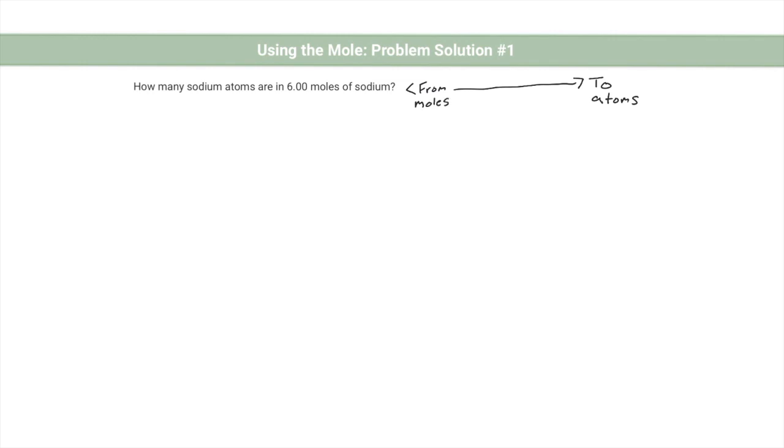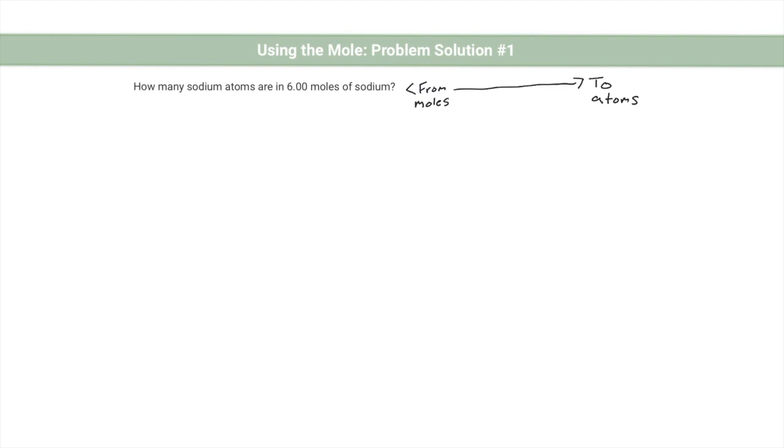We want to reference back to the mole from our lesson and remember that there are two main conversion factors that the mole gives us. Converting between moles and atoms, which is Avogadro's number, and converting between moles and grams, which is the molar mass on the periodic table.